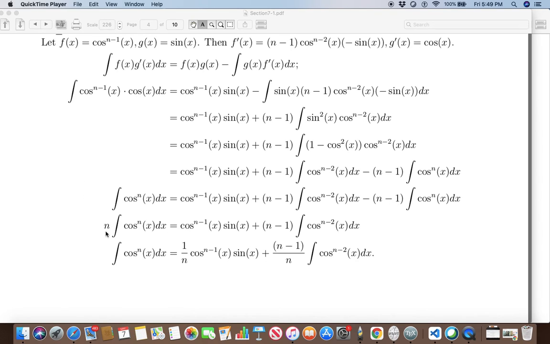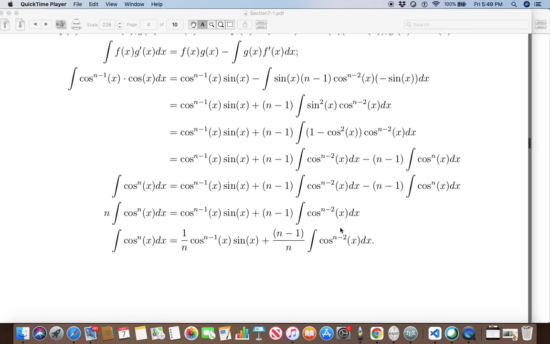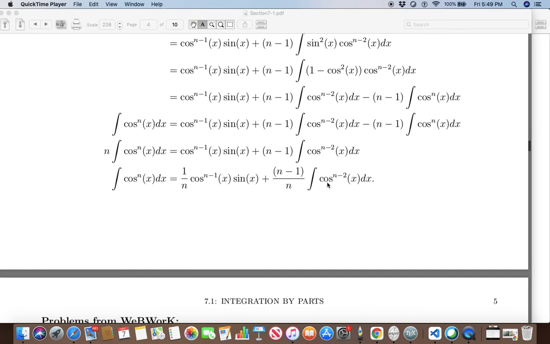In all, you have an n. n times the integral of cosine n x dx is the remaining two terms: cosine n minus 1 x sine x plus n minus 1 times the integral of cosine n minus 2. Dividing throughout by n, the integral of cosine n is 1 by n cosine n minus 1 sine x plus n minus 1 by n times the integral of cosine n minus 2 x dx. So that's an important formula.